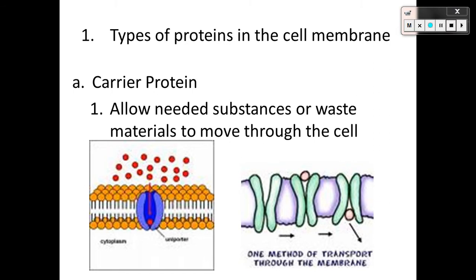So we call this a carrier protein because it carries in substances or materials that need to move through the cell.